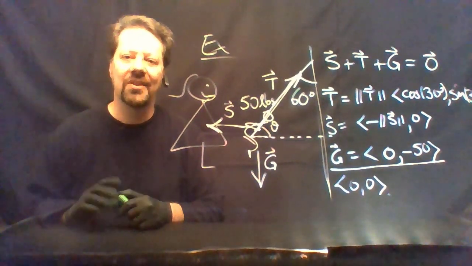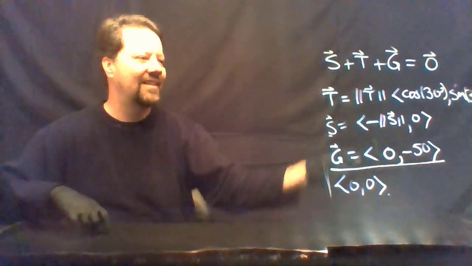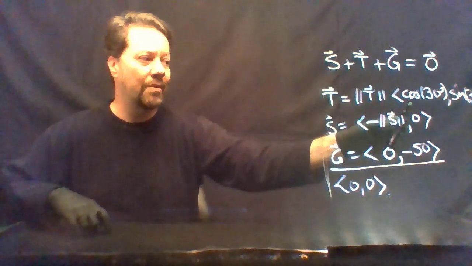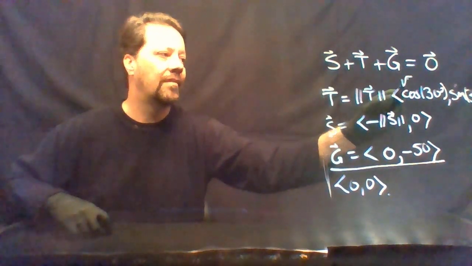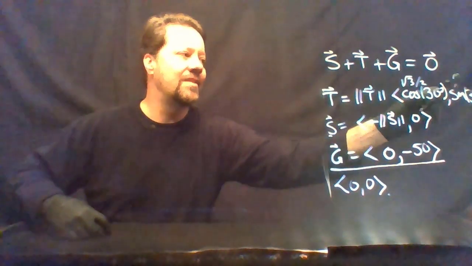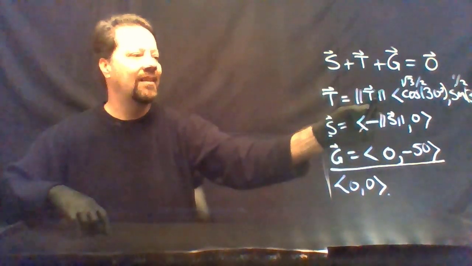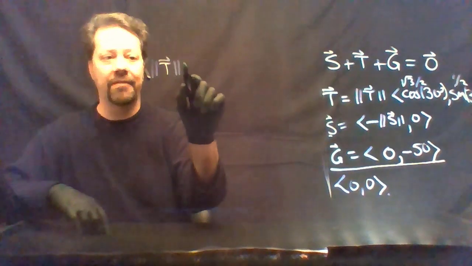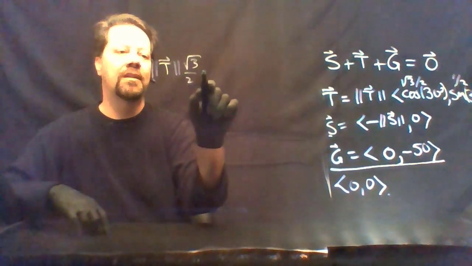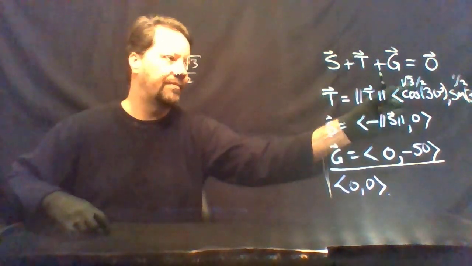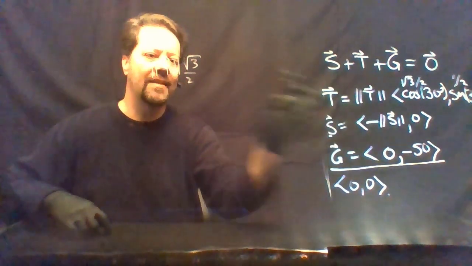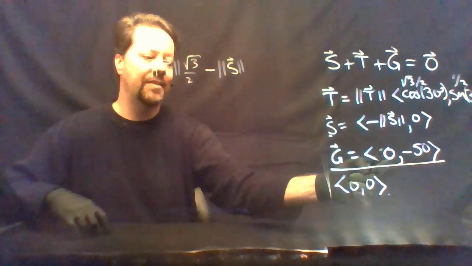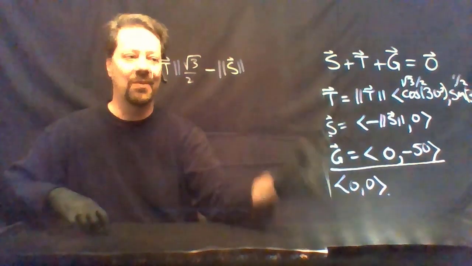That's going to give us two equations. You can see, first of all, cosine of 30 degrees is the square root of 3 over 2, and the sine is 1/2. We'll get the norm of the tension force, one of the things we're solving for, times the square root of 3 over 2, minus the norm of the sister force, plus 0, must equal 0.